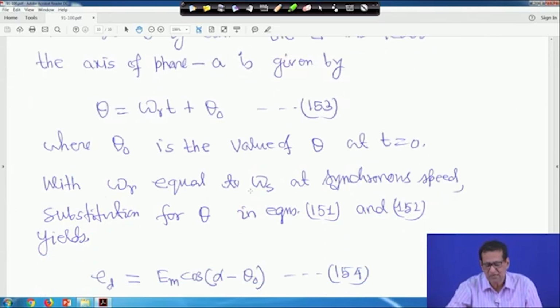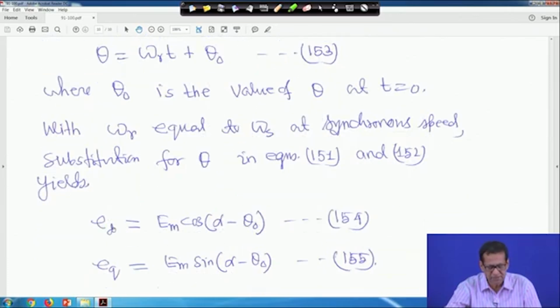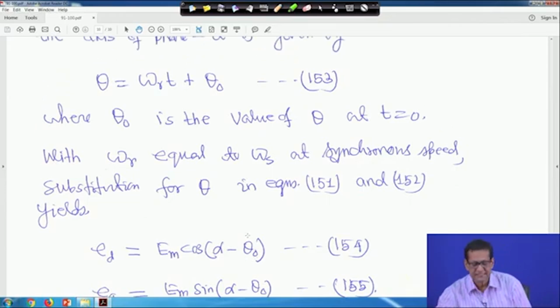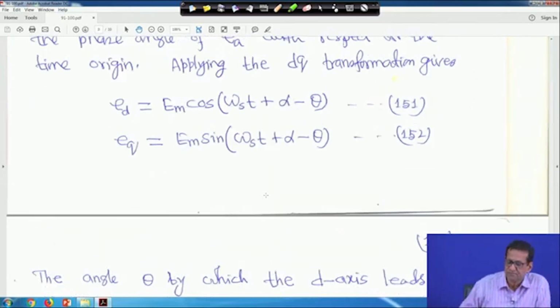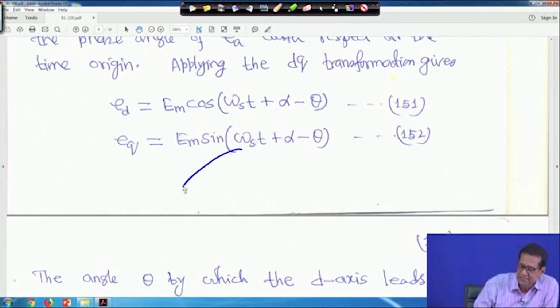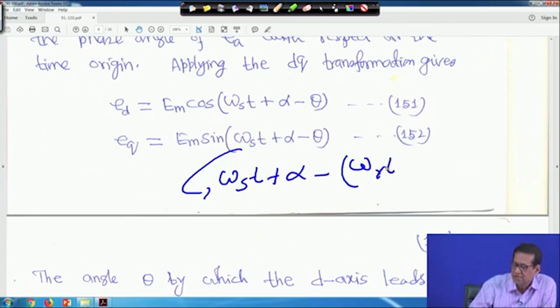Now, with omega r equal to omega s, because the machine is running at synchronous speed, substitution for theta in equations 151 and 152 will give ED is equal to EM cos alpha minus theta 0. Writing only one term: omega st plus alpha minus theta, where theta is equal to omega r t plus theta 0, right.